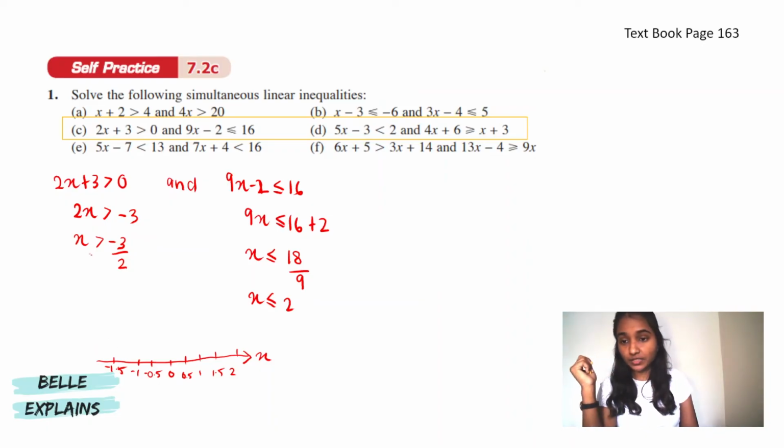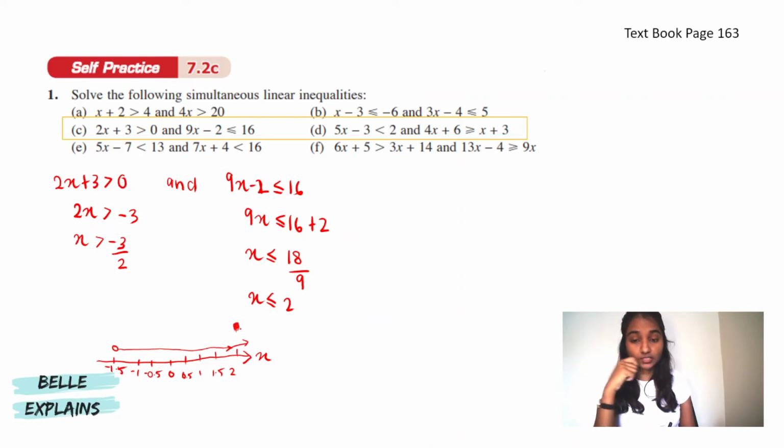So x is bigger than negative 3 over 2, and we're going to go to the right because it's getting bigger. This one is smaller than or equal to, so we're going to use the solid dot, and it's going to move to the left because x is smaller than or equal to 2. So this one goes this way all the way to infinity and beyond.